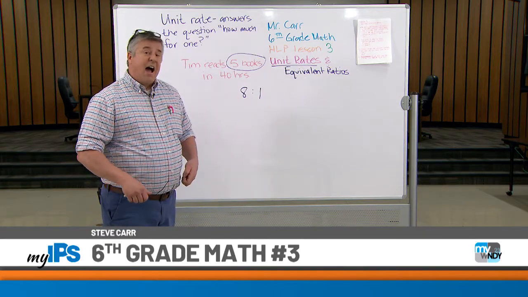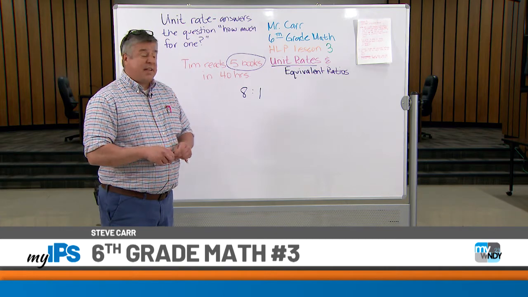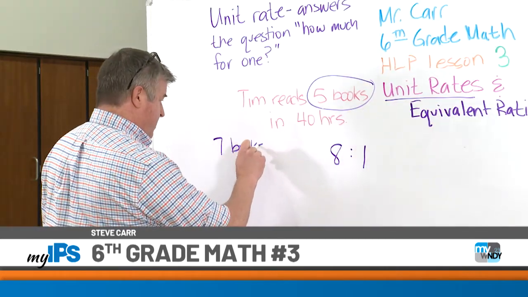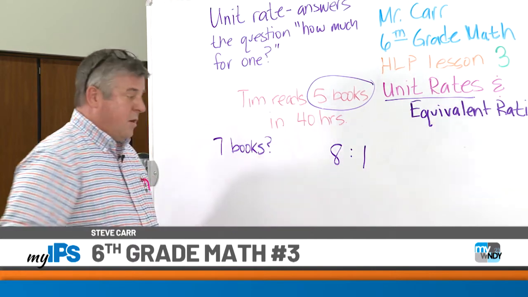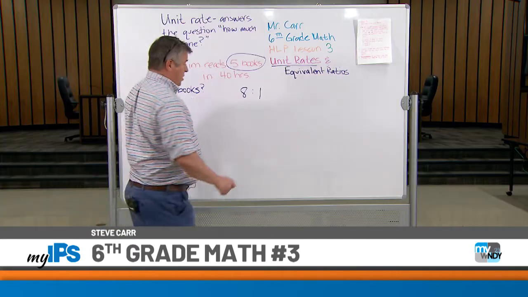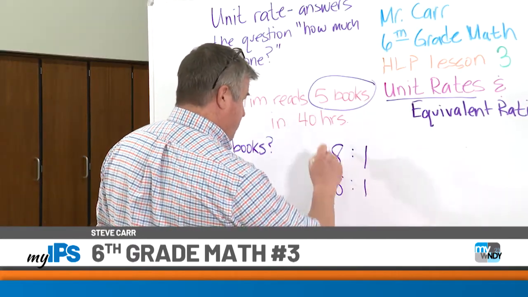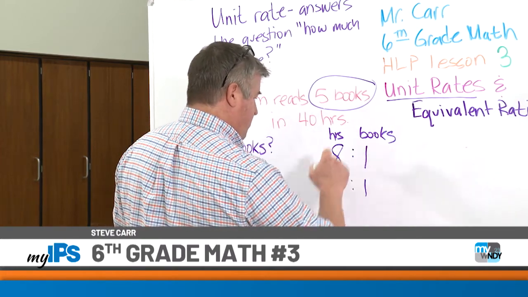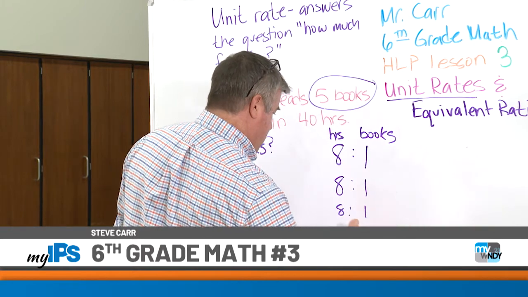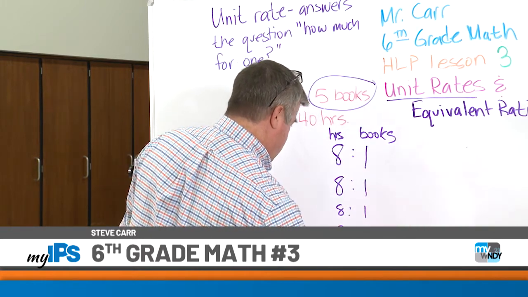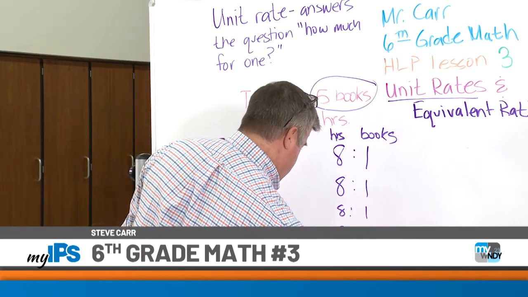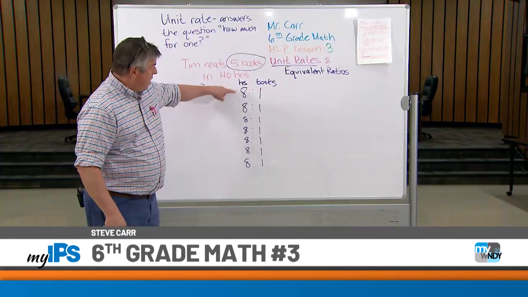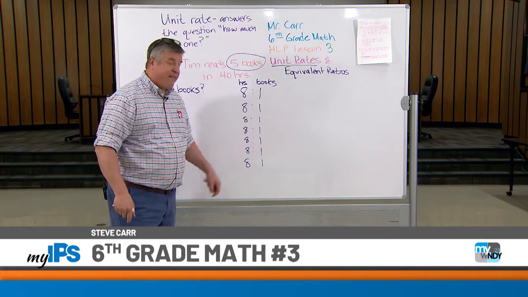So how long would it take him to read 7 books? Well, that's 1 book. There's another, and another, and another, another, and another, and another, and I think that's 7. 1, 2, 3, 4, 5, 6, 7.